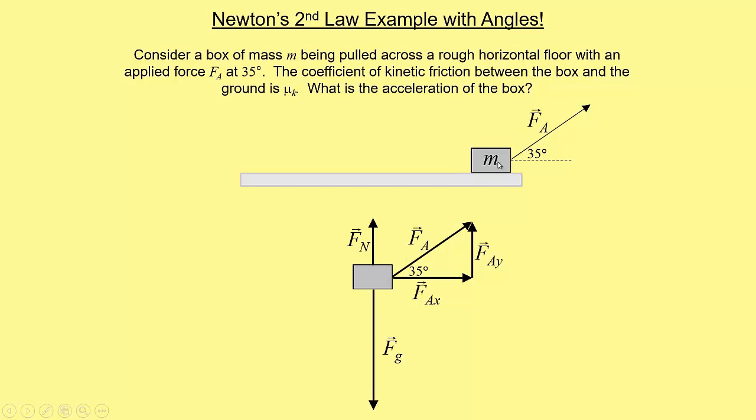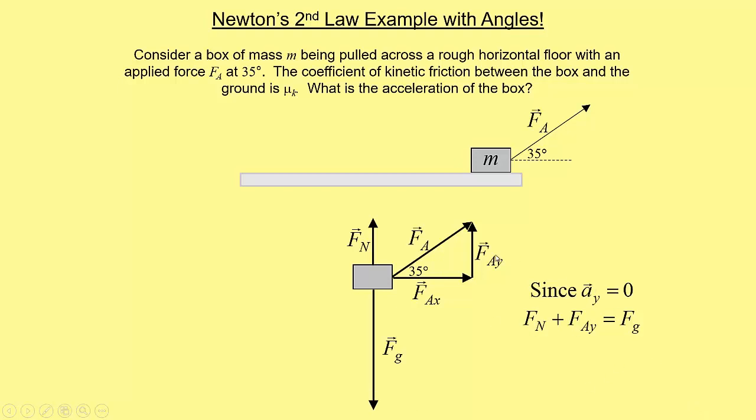Well, it was accelerating, but it was accelerating horizontally. It's not even moving vertically up and down. So since the box is not accelerating vertically, what does that tell you about the forces? They must balance. So our two upward vertical forces, F_n and F_Ay, have to balance out F_g. This will be something we'll revisit in a moment when we're trying to figure out the normal force.